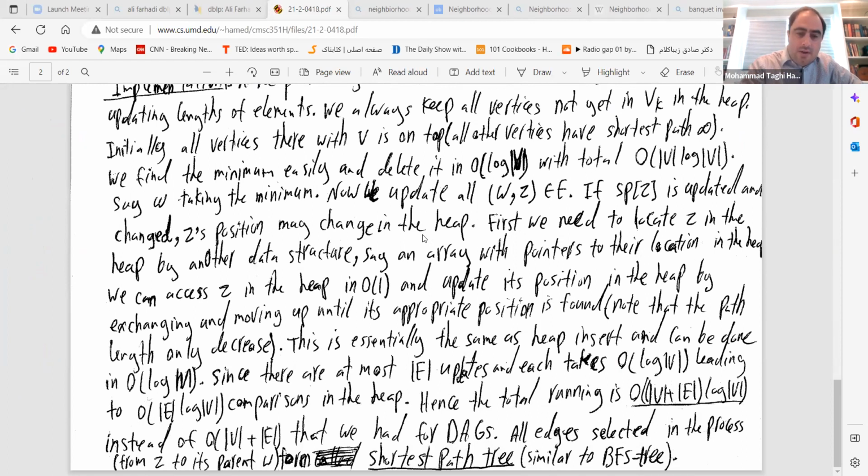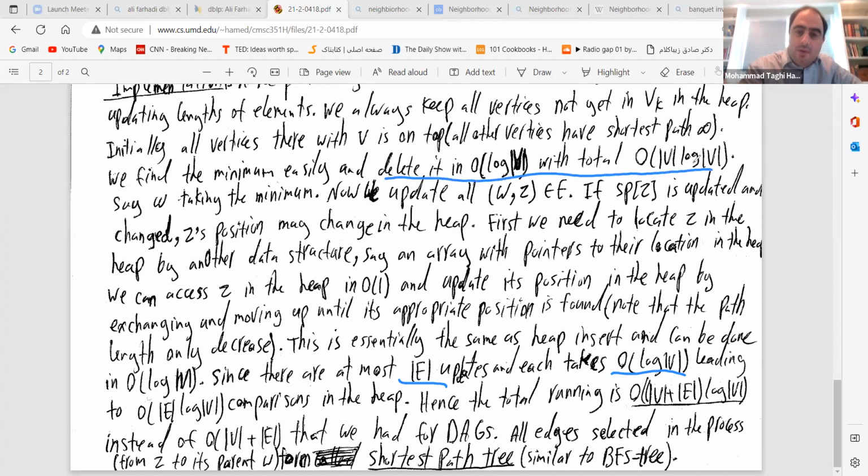So this is essentially the one we are talking about. The update is just like the insert, and for each E we are doing it log V times, so it would be size of E times log V. And then this is the delete min.